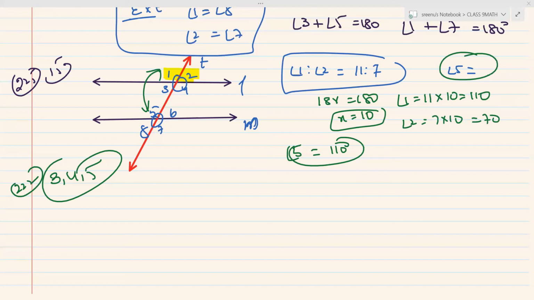Yes, sir. I got option B for the third answer. Yes, the third answer is B. LMD, 35, PLA. What did you get? 145 degrees, sir. Yes, that is correct. Next, the fourth one: option A, 80 degrees.